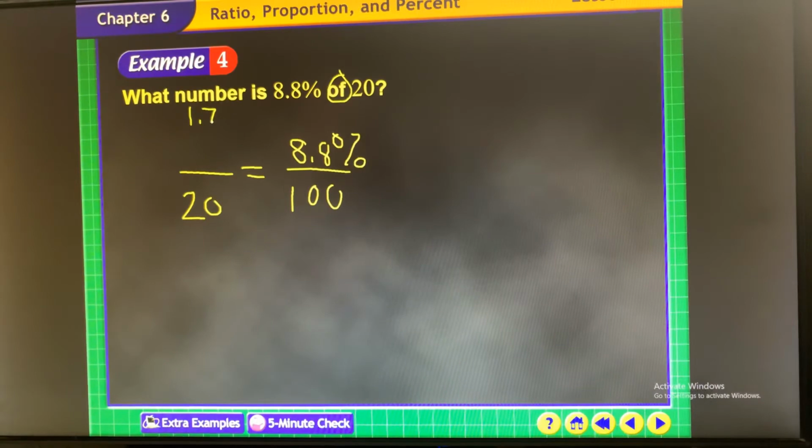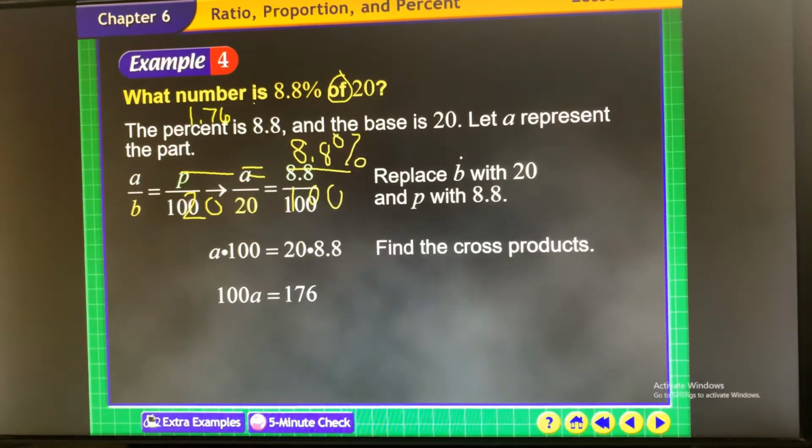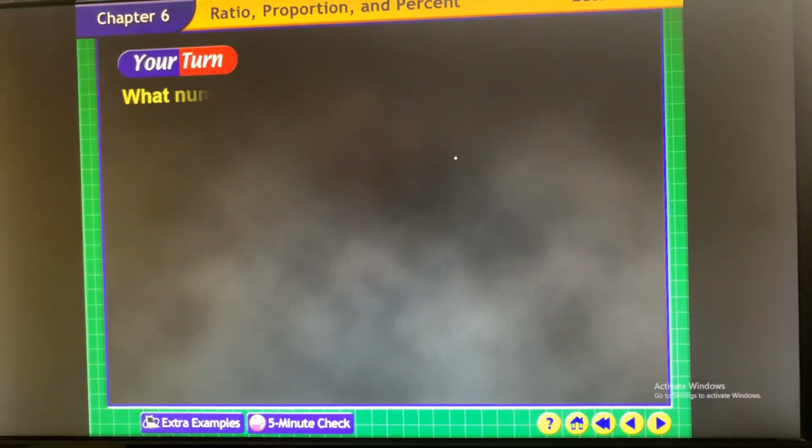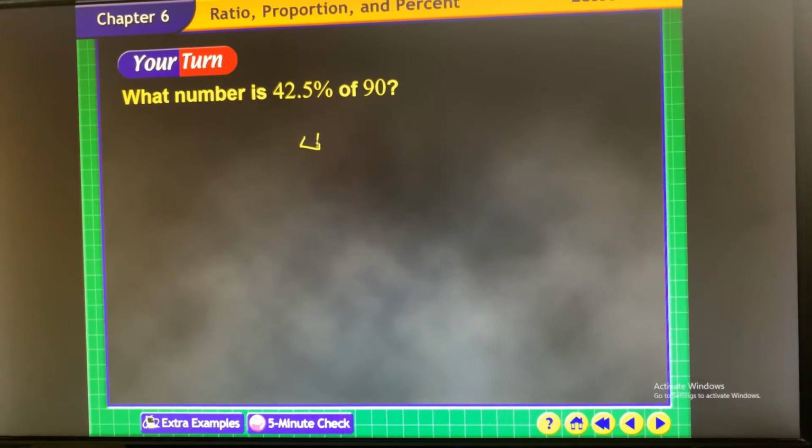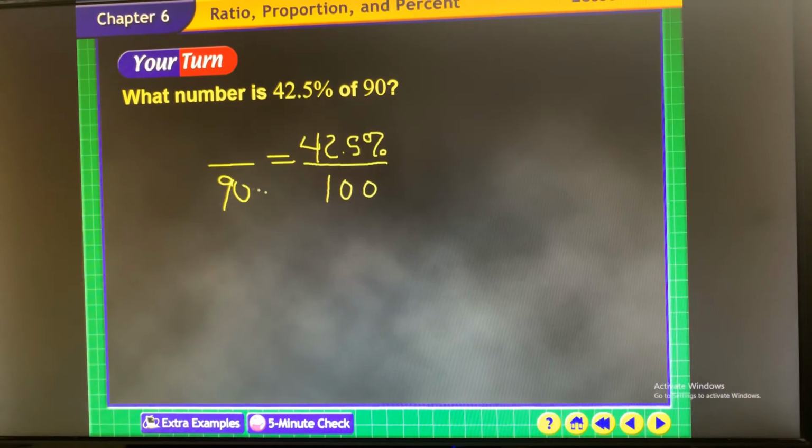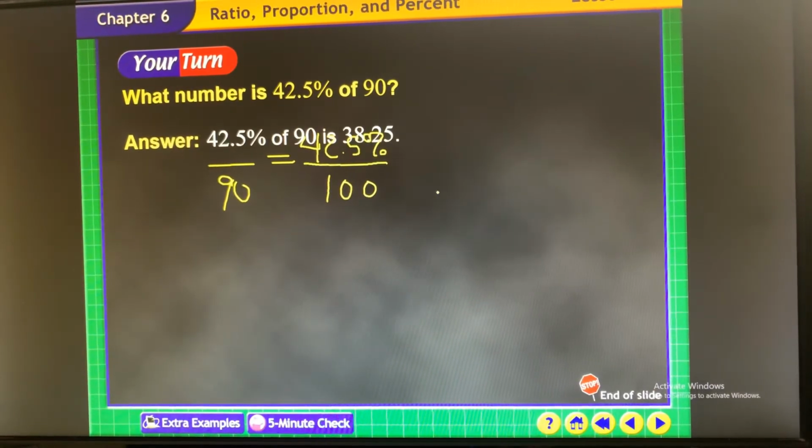So 1.76 is 8 and 8/10% of 20. Do it again: 42.5% over 100 always equals part over of, so the of is on the bottom. Cross multiply and divide. There you go.